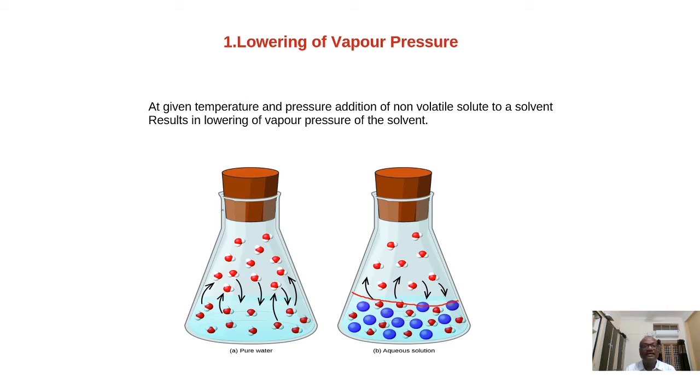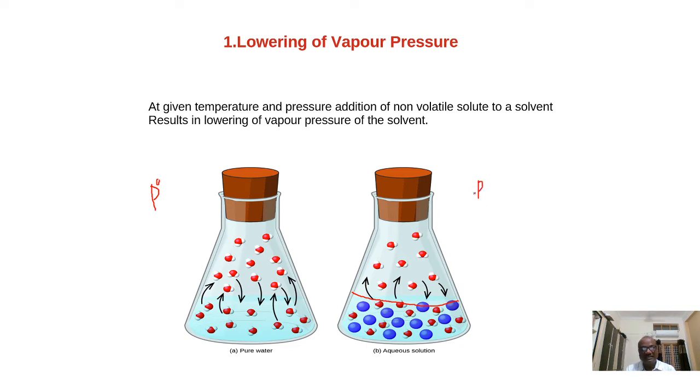If the pure solvent and a solution containing a non-volatile solute are at the same temperature, the pressure exerted by the pure solvent is represented by P naught, and the vapor pressure observed in the case of the solution is represented by P. Which is greater?